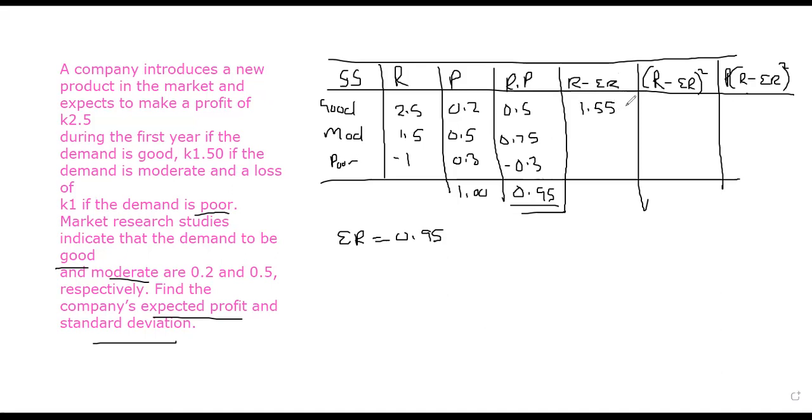Square this 1.55, we get 2.44025. And we multiply this one by the respective probability here, 0.2. So we get 0.48.